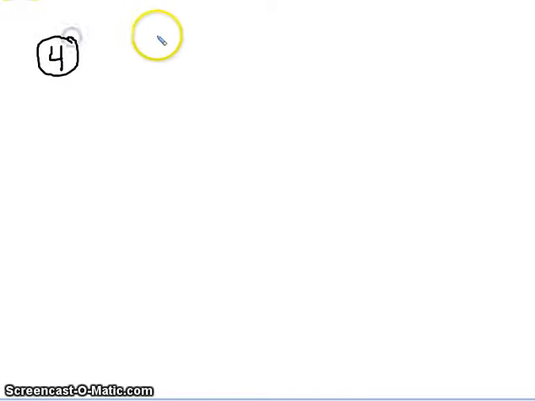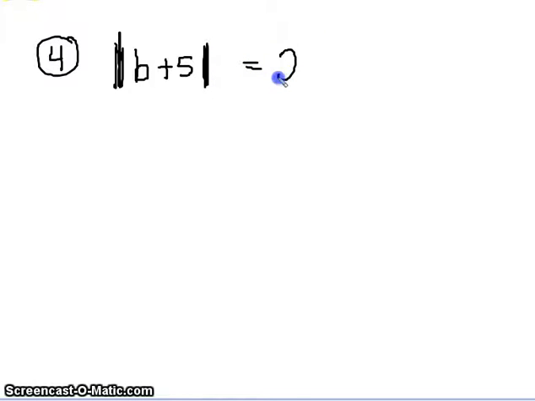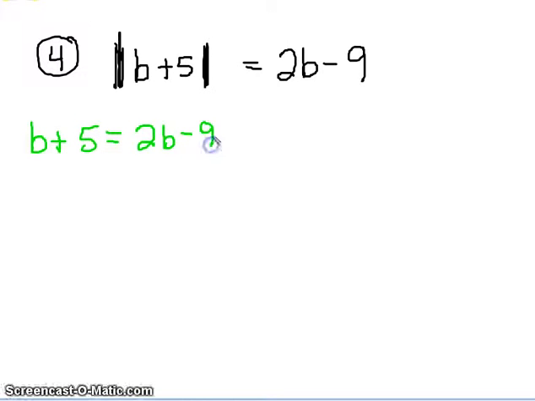Problem number 4 is the absolute value of b plus 5 is equal to 2b minus 9. We have two equations. The absolute value is isolated, so one of my equations is going to be b plus 5 is equal to 2b minus 9.